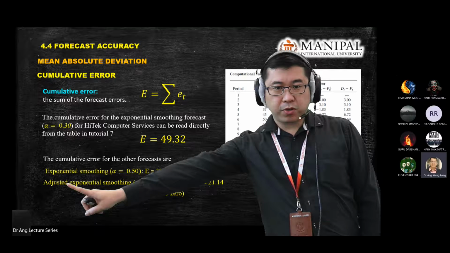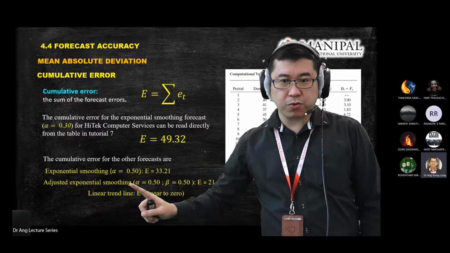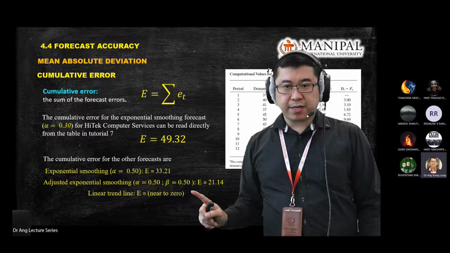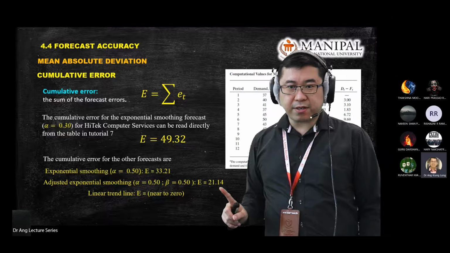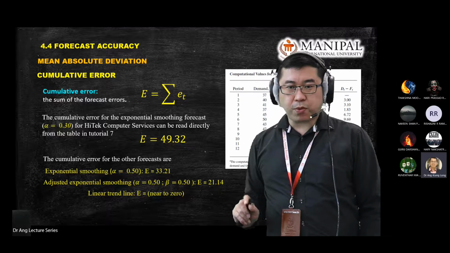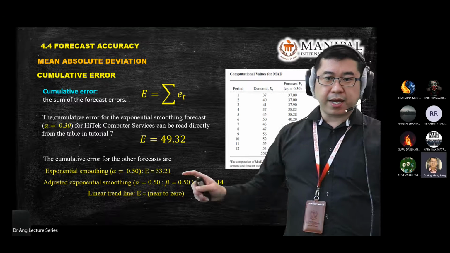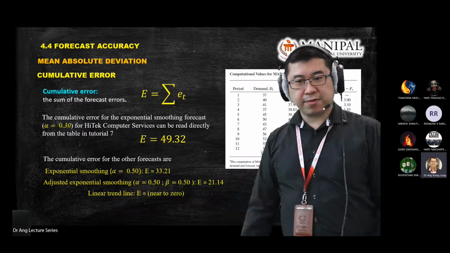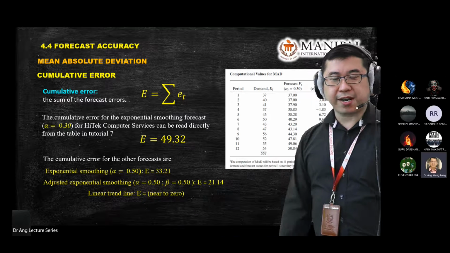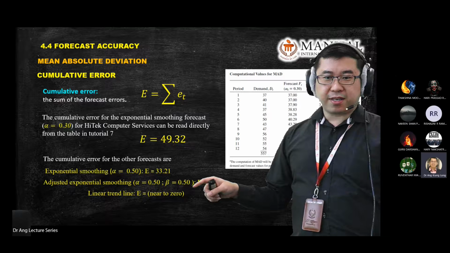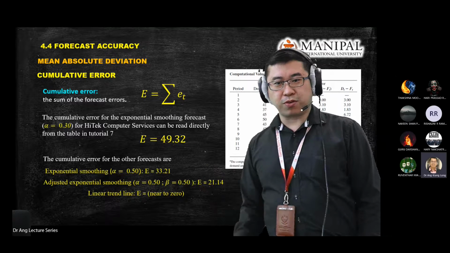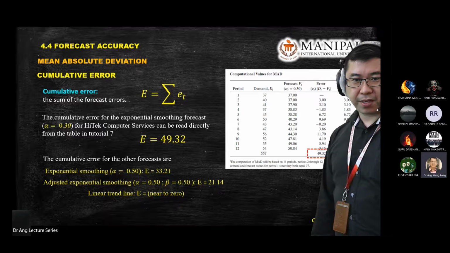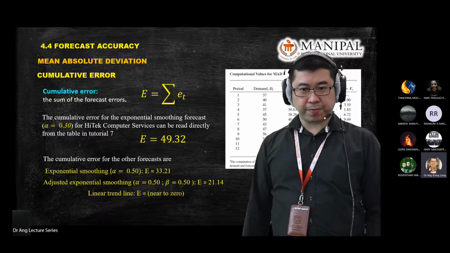If you do adjusted exponential smoothing, alpha beta, your cumulative error is 21.14. And if you do linear trend line, I put a bracket there, it is almost near to 0.